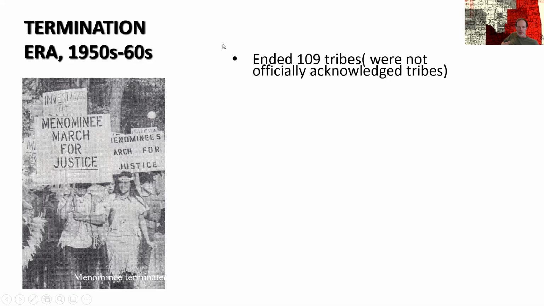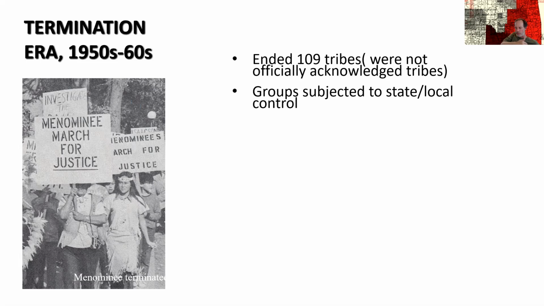And so what was the reaction to this? There was protest. Again, tribes were losing recognition. They were subject to state and local control. This moves us away from the idea that tribes should be treated as nations, right? It's more treating them as individuals rather than as a group. So probably moving away from the way the Constitution and some of these early court rulings thought about relationships between the federal government and tribes, and pushing it down to basically no relationship.